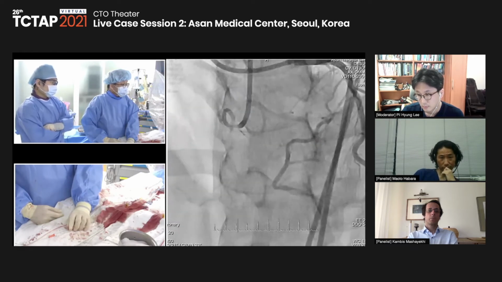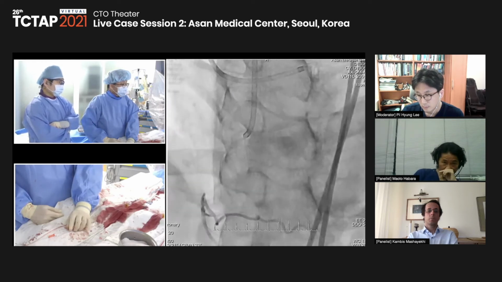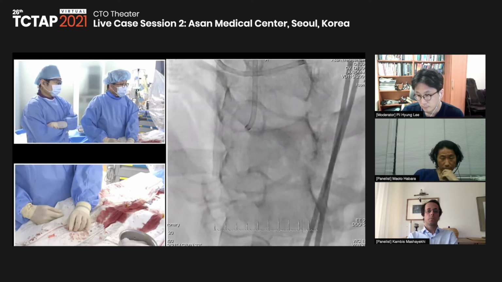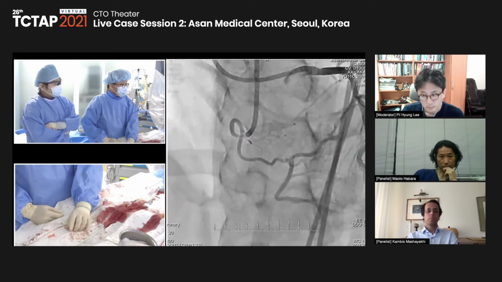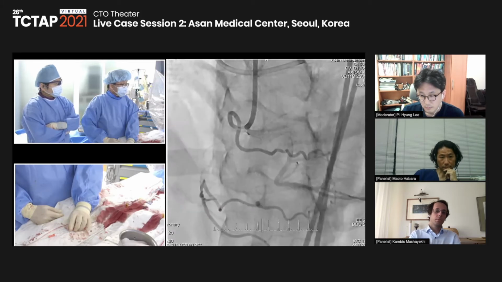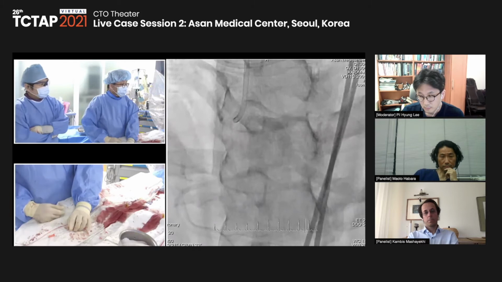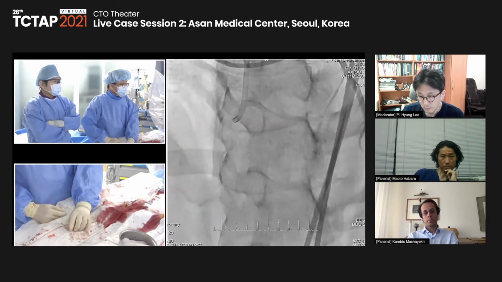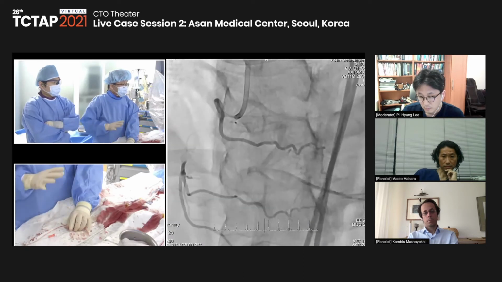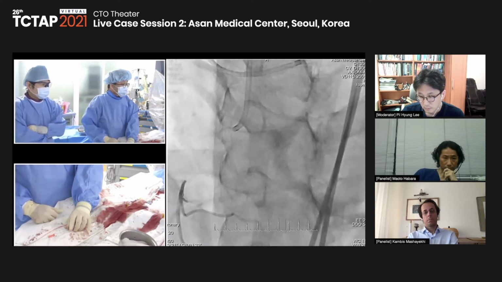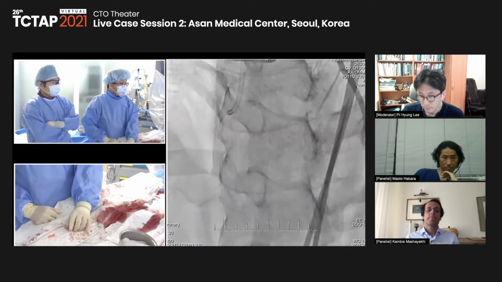Because of the competing flow, we can't see exactly whether the microchannel is connected between the distal portion and the island, but according to the previous procedure, there may be some space at the portion of the distal RCA CTO. So I think that's a good point.